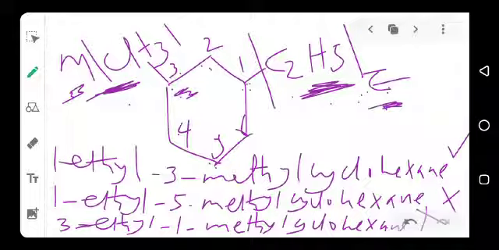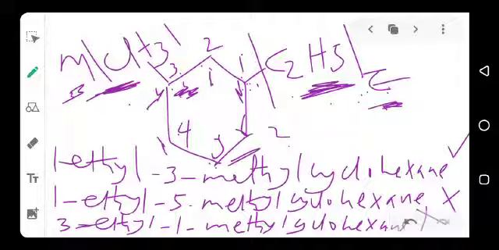We can go this way, say 1, 2, 3, 4, 5. But this is a long journey. So once we name this one as the first position, 1, then we look for the shortest position. Now 2, and then 3. So that is how to number it.